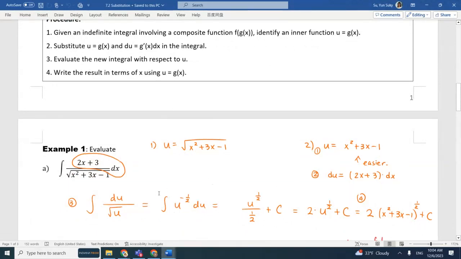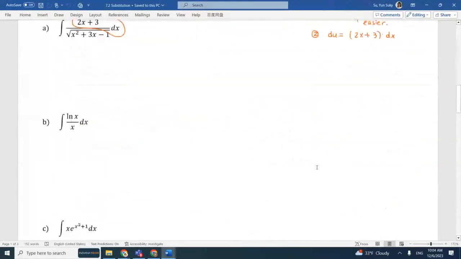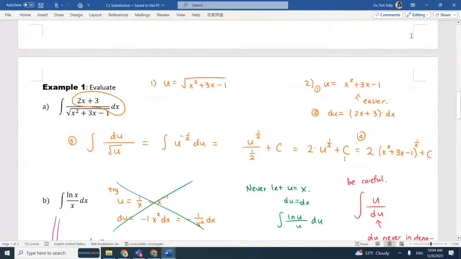Then you plug in, you get the integral about u, and then you integrate it. The formula for the antiderivative is basically these three formulas. It's either a power function, or an exponential function, or the integral of 1 over x is natural log absolute value of x plus c. And after you integrate, you put the x back.